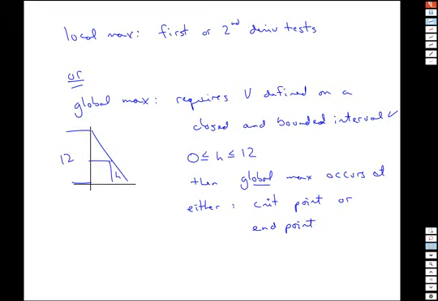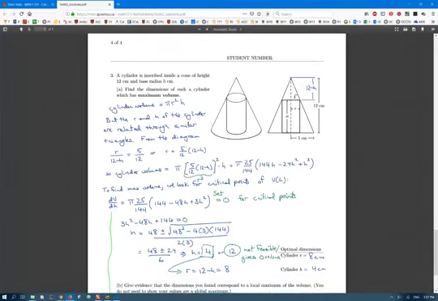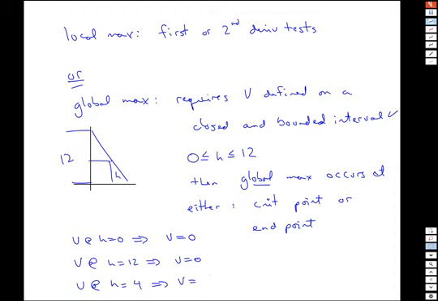Literally for those, you can calculate V when h is 0. That's going to be 0 volume. V at h equals 12 at the other end will also give you a super thin cylinder, so V is 0. Meanwhile, looking at the solutions here, h is 4. When h is 4, you get some volume that's not 0.